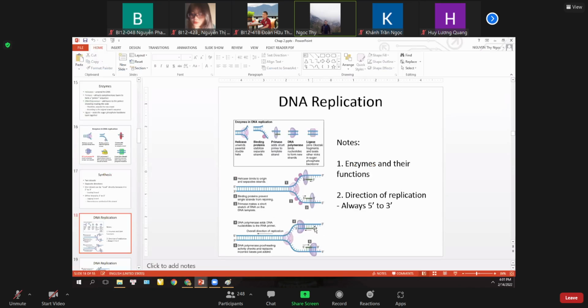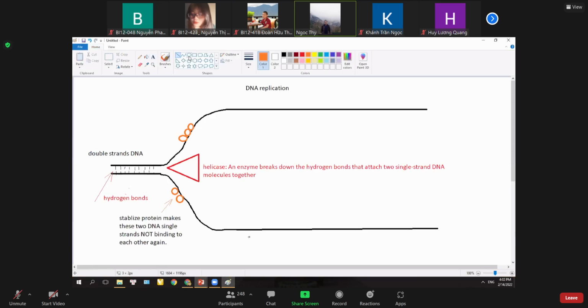We will add the primer onto the DNA template. So we have primase. Let's put it in green.